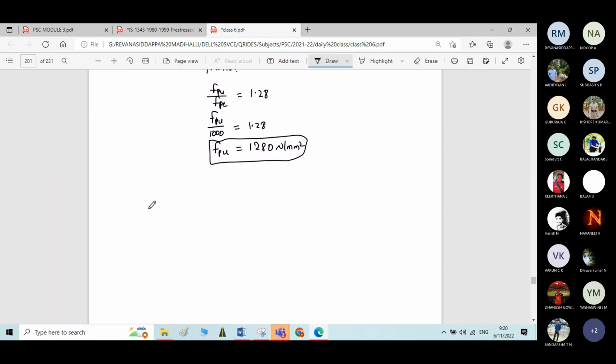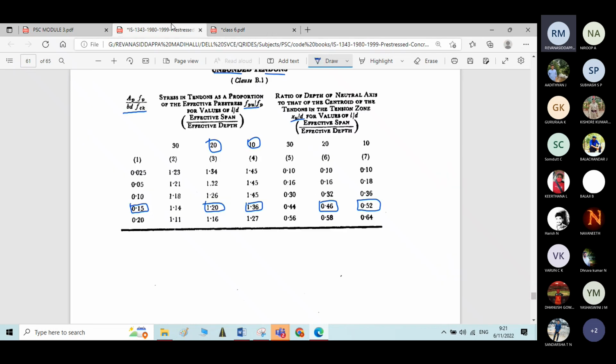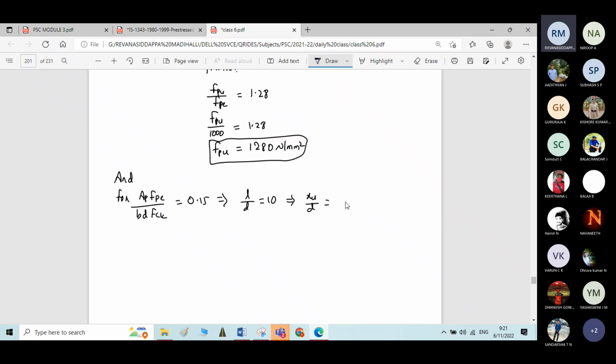For AP FPE divided by BD FCK equal to 0.15, for L by D equal to 10, corresponding XU by D is 0.52, and for L by D equal to 20, corresponding XU by D is 0.46.